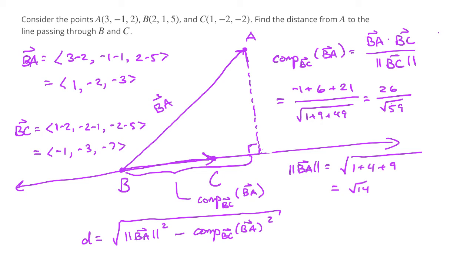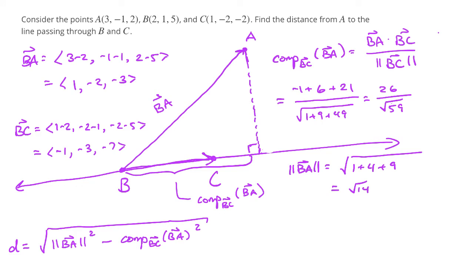And so now plugging this into our value for D, equal to the square root of BA squared, so that will be 14, minus then 26 over the square root of 59 squared.